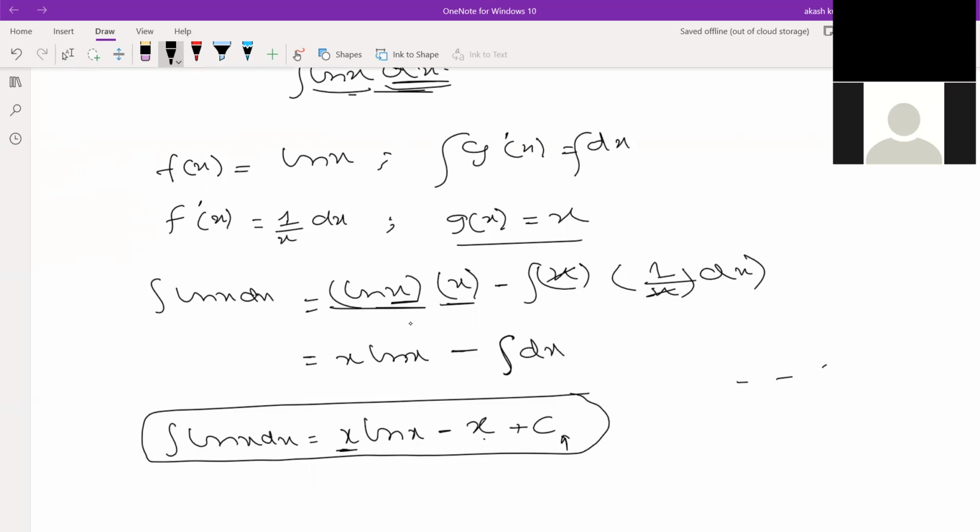No, this x is multiplied with ln x, so it becomes one thing altogether. Yes, this is the final answer. This x is divided with x, so only dx is left. We haven't used any identity or something like that.